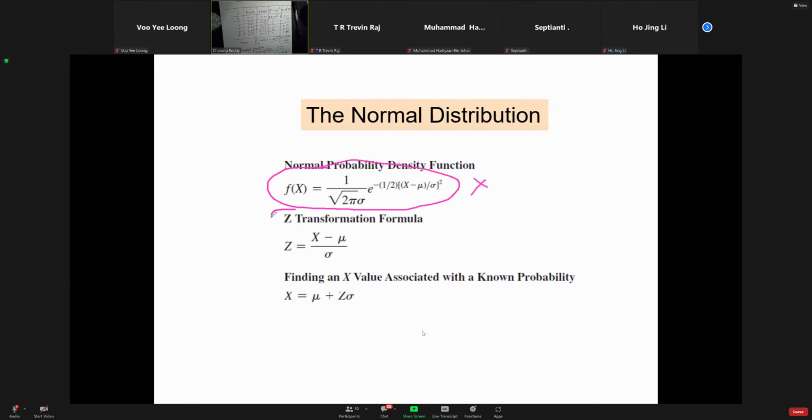What is required is the transformation of the data given into the Z statistic. So the Z statistic is X minus mu over sigma. Can someone tell me what is mu?